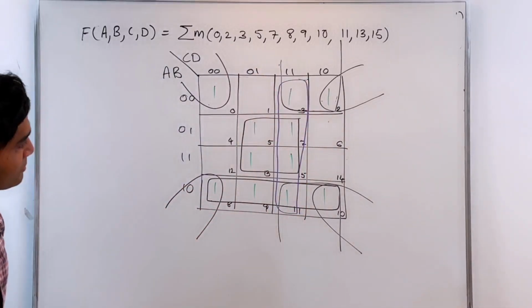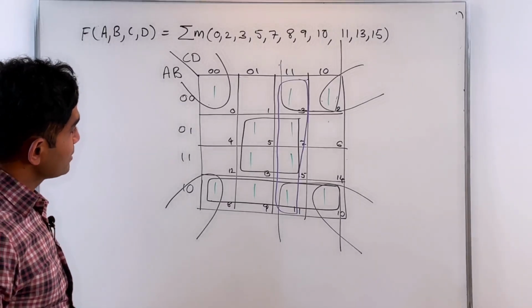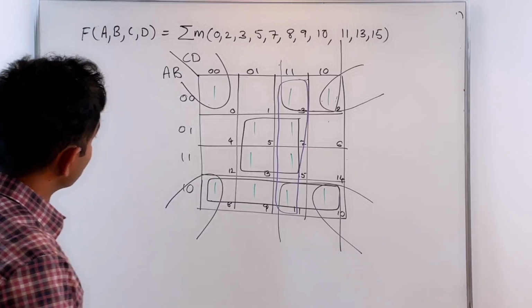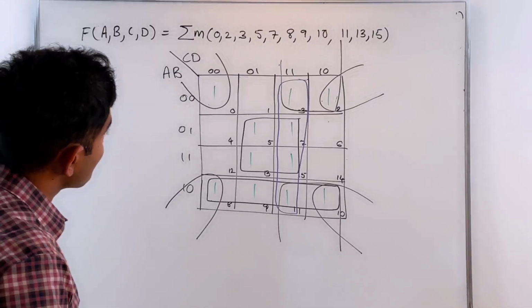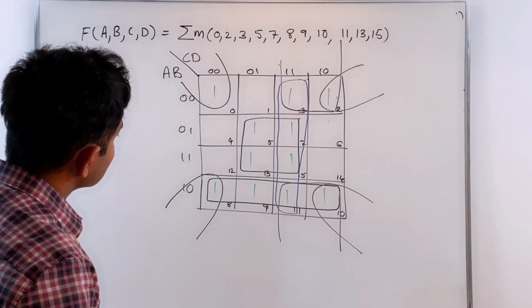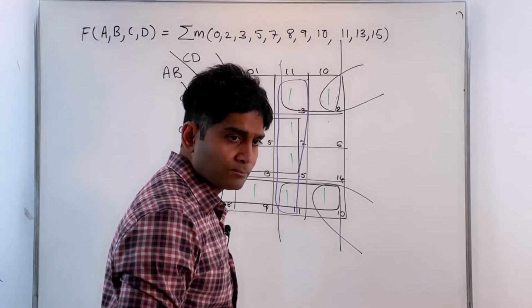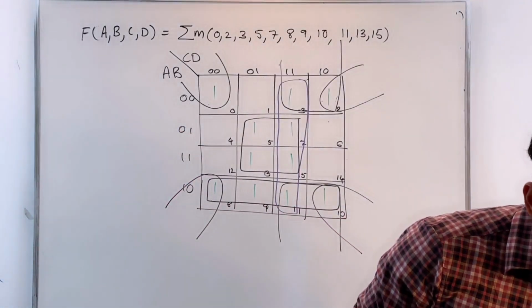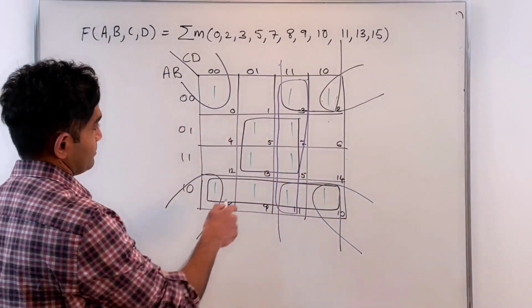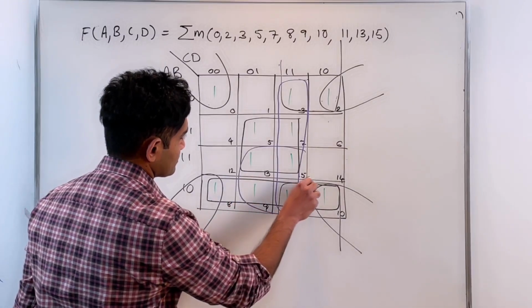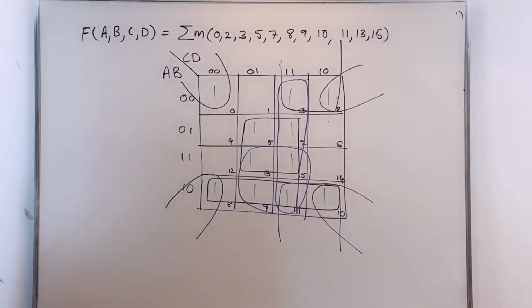All right, so that's right. Any other combinations? Do you see any other combinations? 13, 15, 9, and 11. Yes, absolutely. That's also a prime implicant.